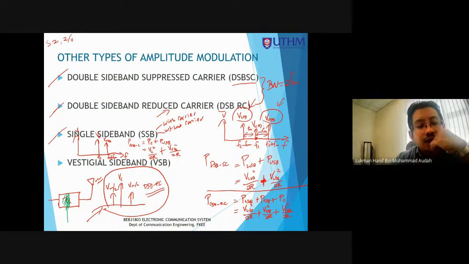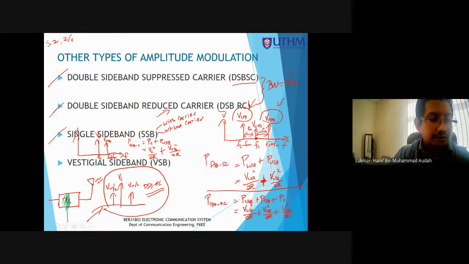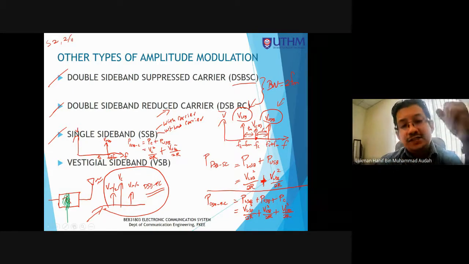And then what about single sideband without carrier? Without carrier, that means there's no carrier component. And let's say I choose the upper sideband.